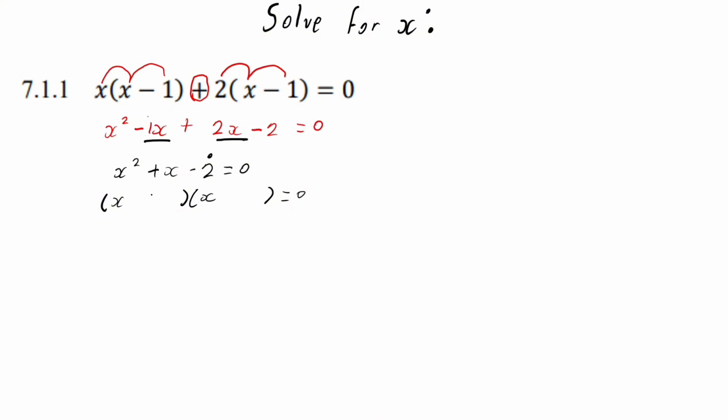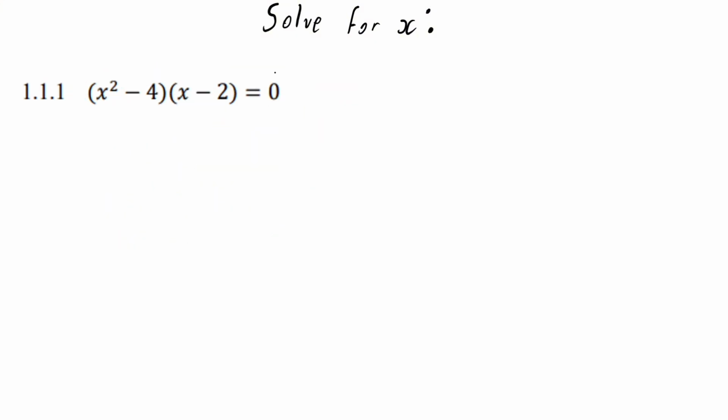Now, you take the factors of 2. What are the factors of 2? You have 2 and 1, right? But now, I want a positive 1. So the bigger one's going to get a positive, and then the smaller one is going to get a negative. X is equals to minus 2. You just change the sign. Or x is equals to 1.